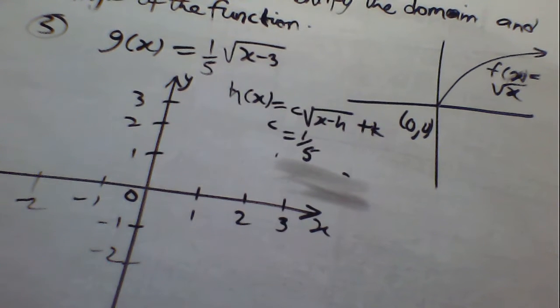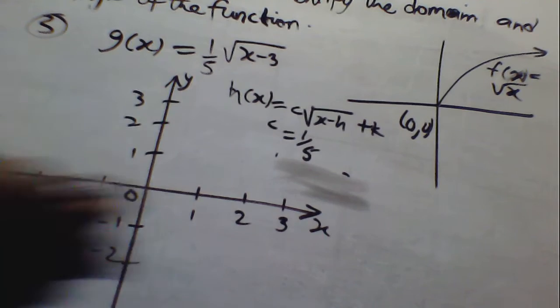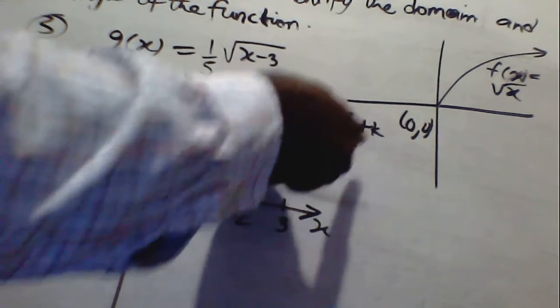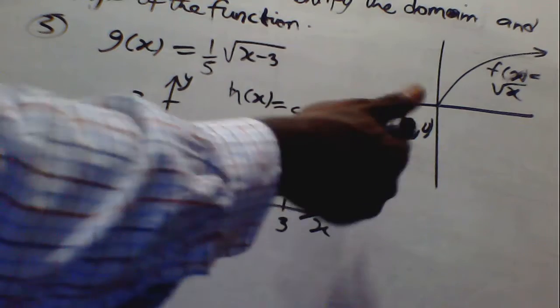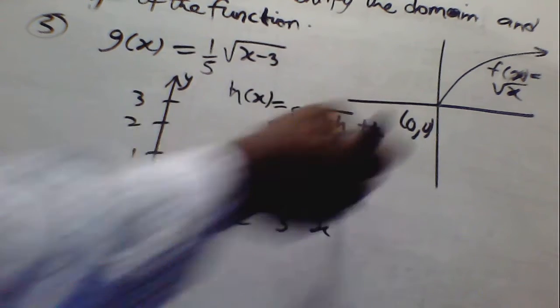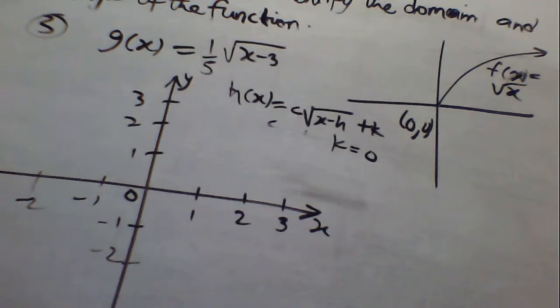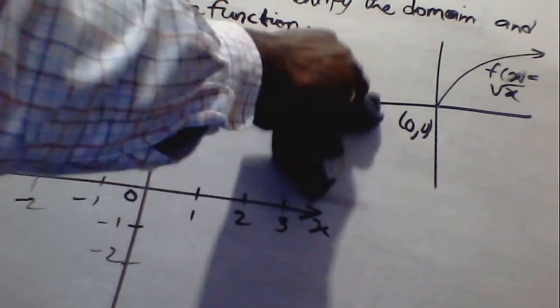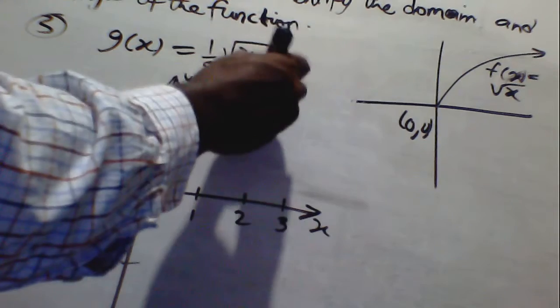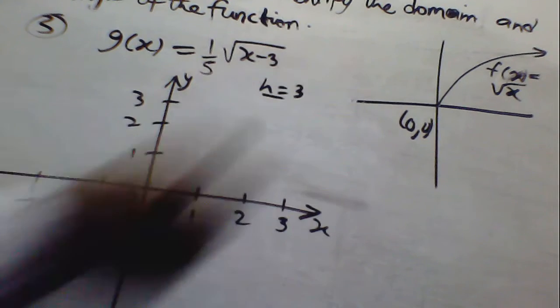So you are seeing it, and k is equal to what? 0, since we do not have a vertical shift. We do not have k. k is equal to 0 in this function. So we have already gotten h. h is equal to 3.